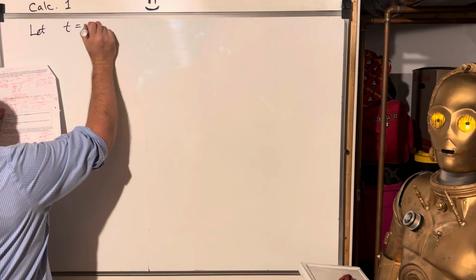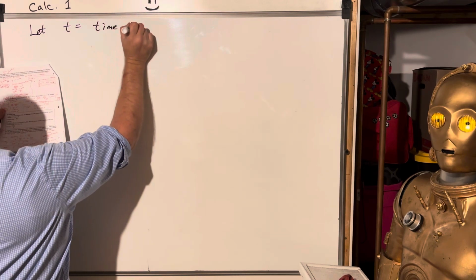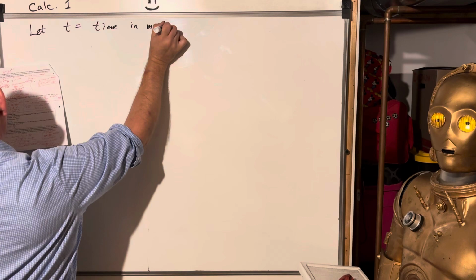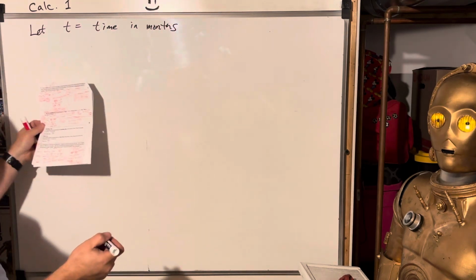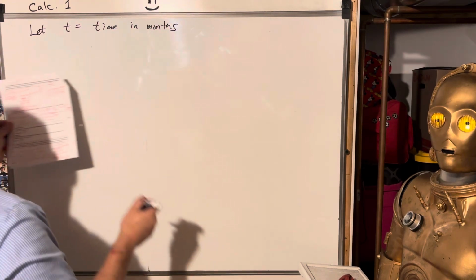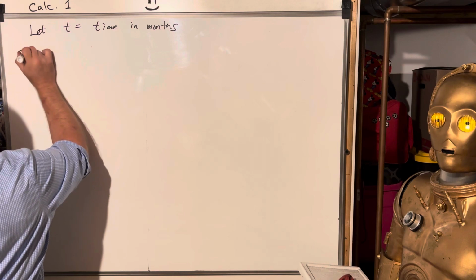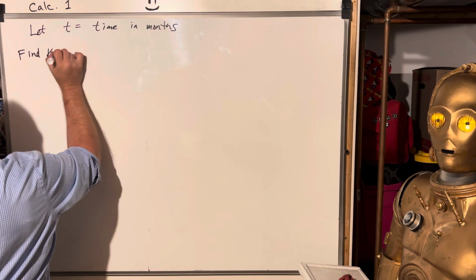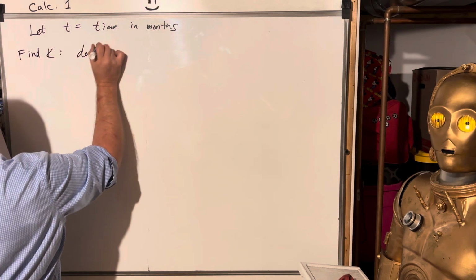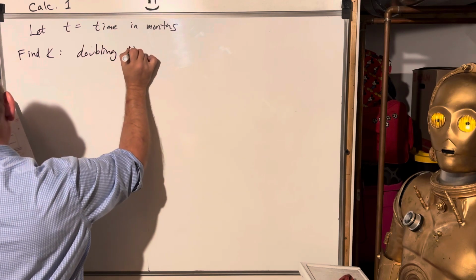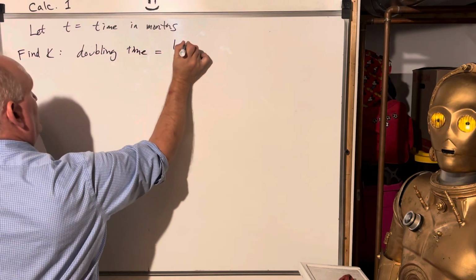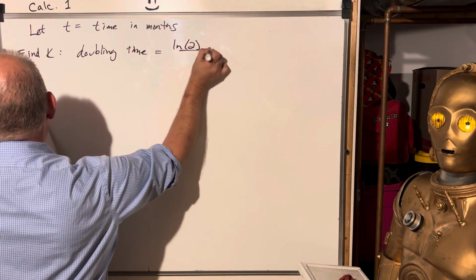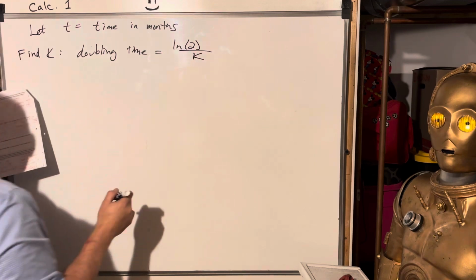Let t equal time in months, and then find k. That is doubling time, which is going to be ln 2 over k.